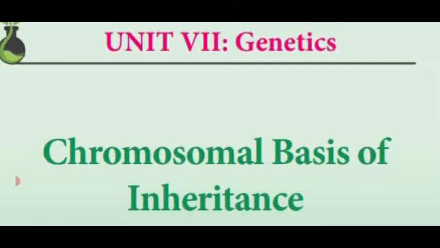Then we have seen the comparison between gene and chromosomal behavior. Each chromosome contains genes which are arranged in a linear manner. A eukaryotic cell contains a diploid set of chromosomes, one from each parent.